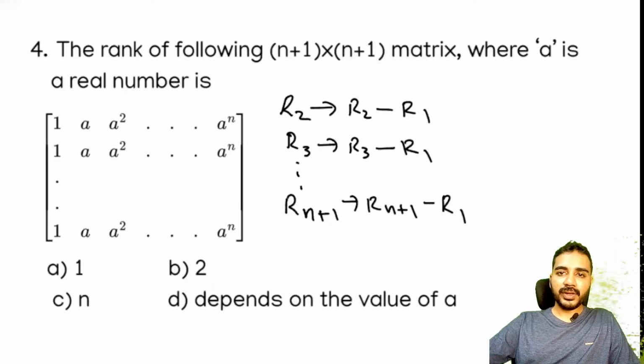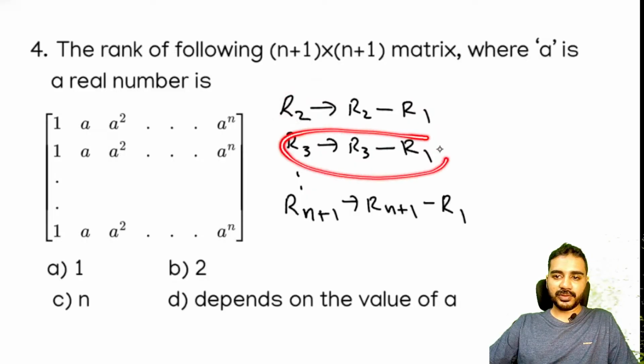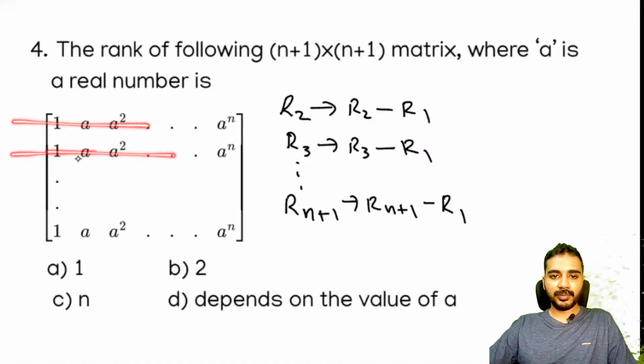When we do these elementary operations on this matrix, what is happening here? R2 is R2 minus R1. Since R2 and R1 are both the same, when I do R2 minus R1, this becomes 0. This also becomes 0. Similarly, up to this n plus 1th row, this becomes 0.